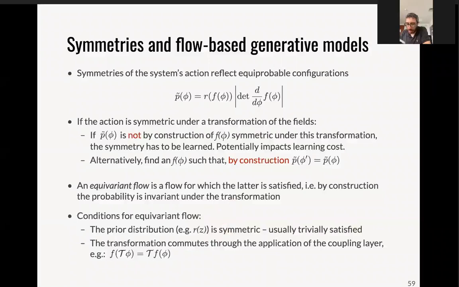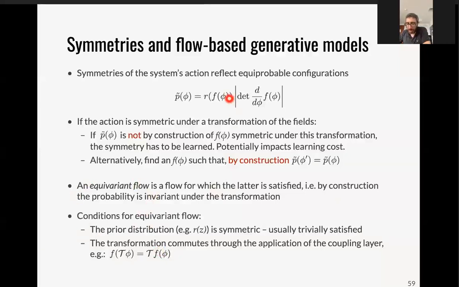So if this R is a uniform distribution, for example, and you're going for translational invariance, then this distribution doesn't care which way the elements of phi are ordered. And then the other condition is that the transformation should commute through the application of the coupling layer. So basically, if you have a transformation that you want satisfied on phi, then you should be able to transform the result of f of phi, and these should be equal. If these two conditions are met, then you have an equivariant flow.